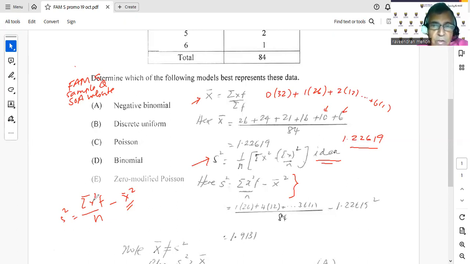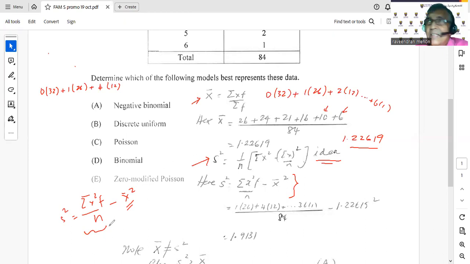We need to work this out, so I'll start with 0 times 32 plus 1 times 26 plus 4 times 12. Remember, this is now x squared. This is an estimate of your second moments. I don't want to use those words simply because we're dealing with a sample of data and so on.